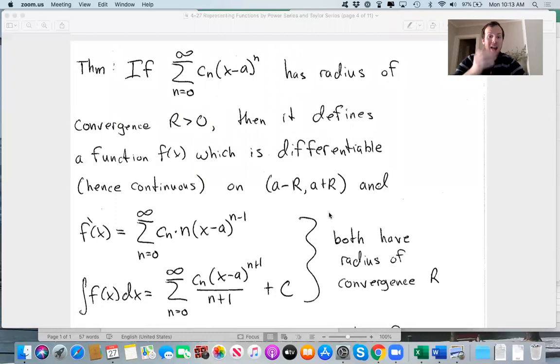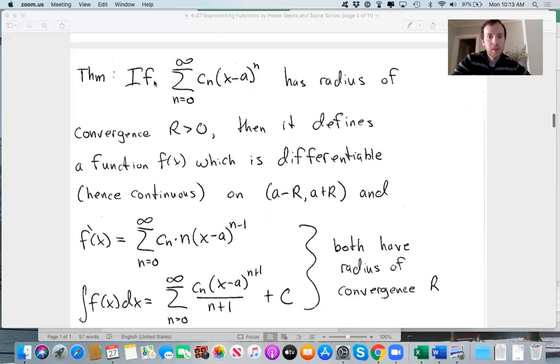And not only that, but there's a formula for how you can find the series for the derivative and a series for the integral. I mentioned continuous because continuous functions have indefinite integrals, so we could ask what those are. And what the formula says is that if f of x is given by this series, then the derivative is given by the series where what it looks like is you use the power rule.